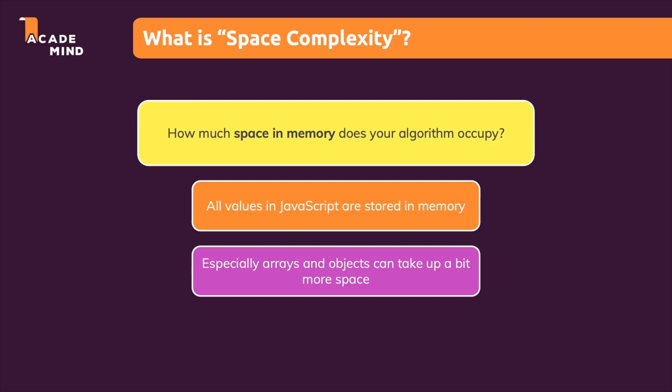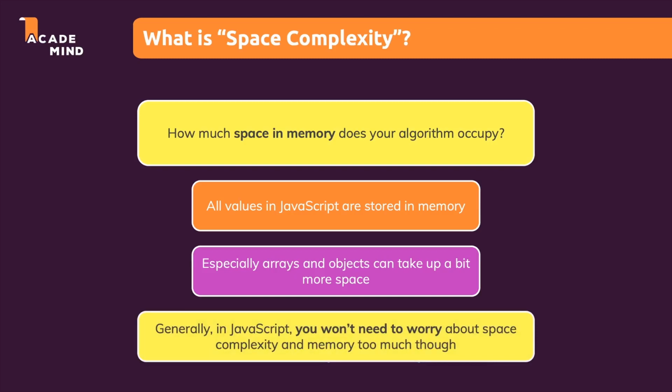Everything is stored in memory, but also everything, including arrays and objects, is released from memory if it's not getting used anymore. And generally, in JavaScript development, we don't need to worry about memory usage and space complexity that much. Of course, we can write inefficient algorithms. Of course, we can write code that has memory leaks or consumes a lot of memory. But generally, browsers and JavaScript engines are relatively smart about managing your memory, and therefore it's not the #1 priority we typically focus on in JavaScript development.